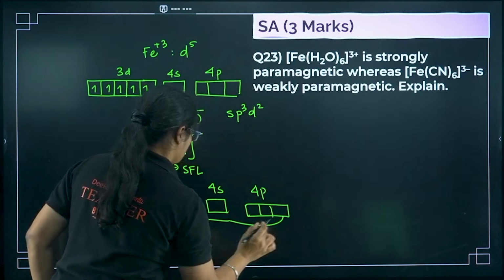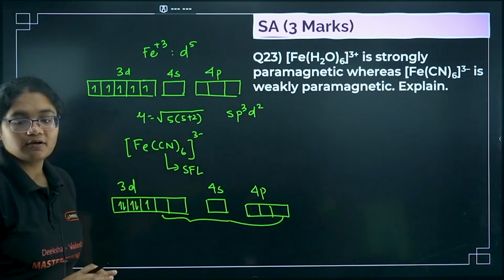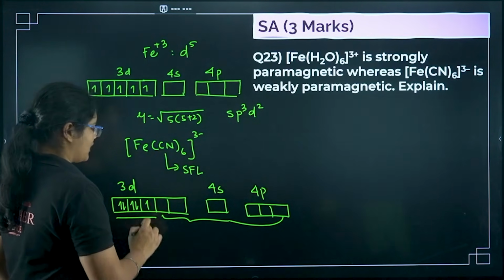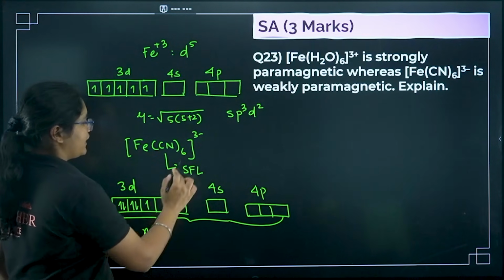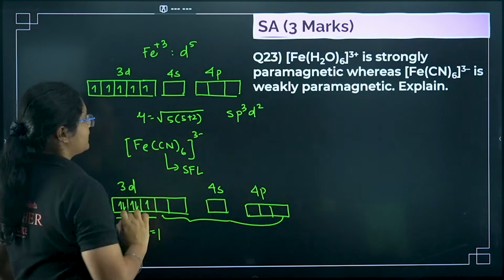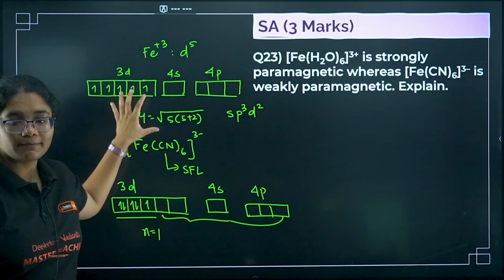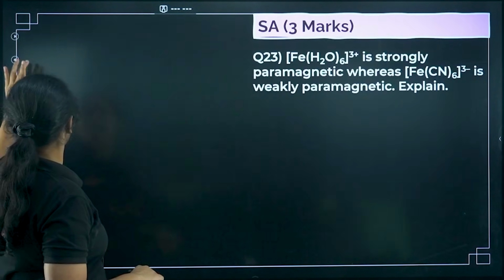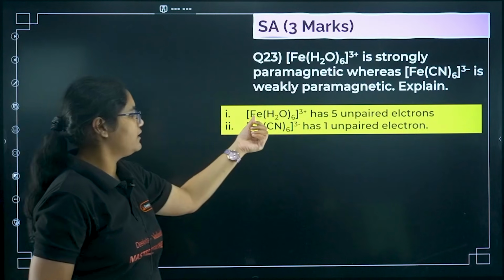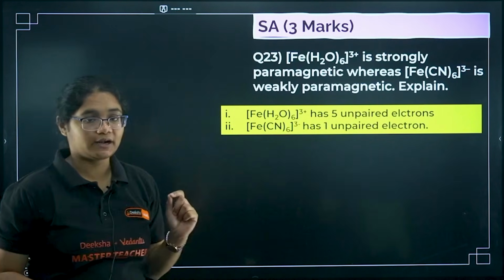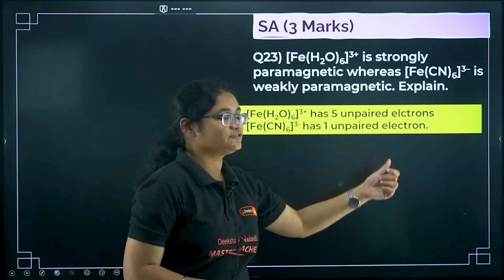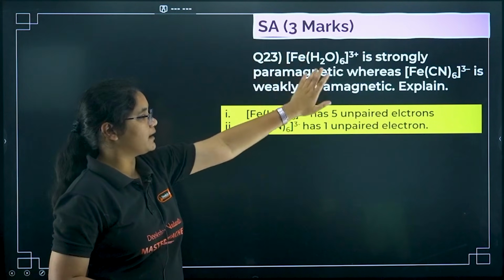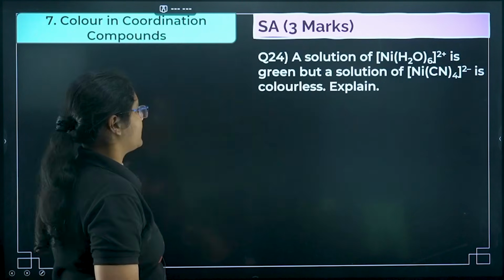So you have d2sp3 available for the hybridization. Now here you can see that you have only 1 unpaired electron, and here we have 5 unpaired electrons, so that is why this is more paramagnetic and this is weakly paramagnetic. So how can I write that? Fe(H2O)6 has 5 unpaired electrons, whereas Fe(CN)6 has only 1 unpaired electron. So that is why this is strongly paramagnetic, and this is weakly paramagnetic.